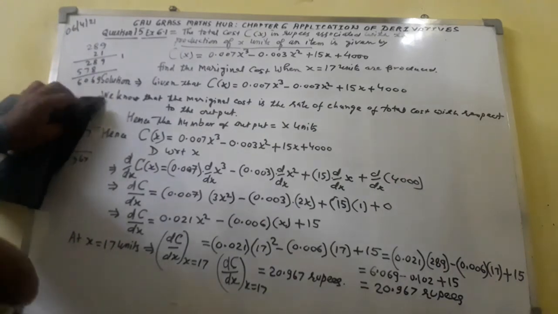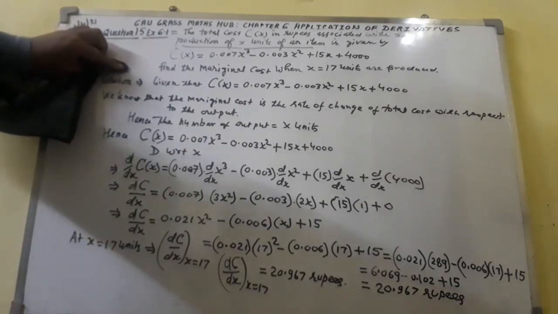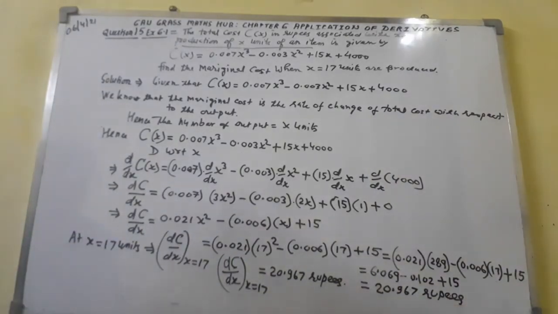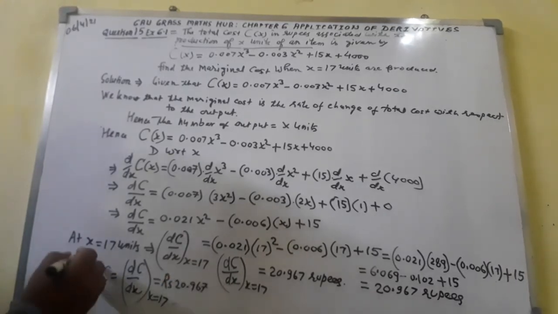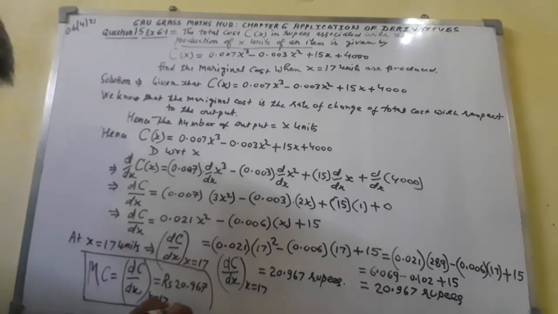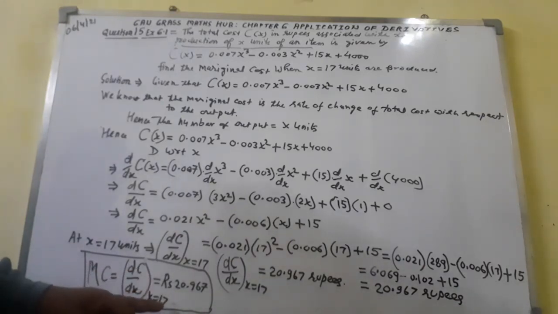Therefore, marginal cost MC is equal to dC over dx at x equal to 17, equal to 20.967. This will be the correct answer we have got here.